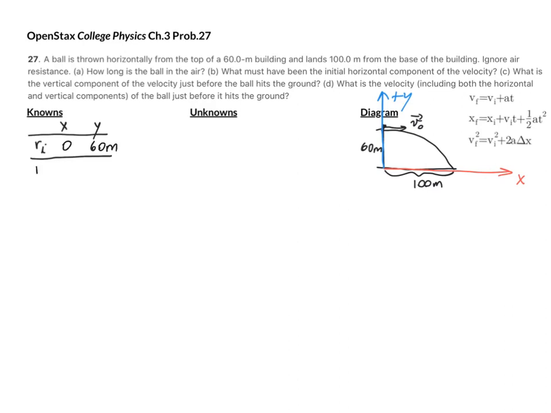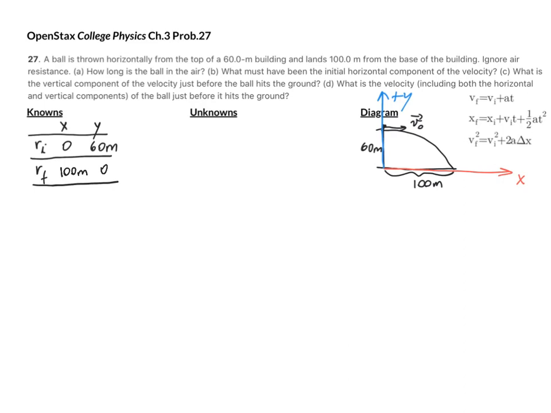Then the next thing we might want is the final position, and that is when the ball hits the ground. So that means that the y is now 0 and the x is this 100 meters.